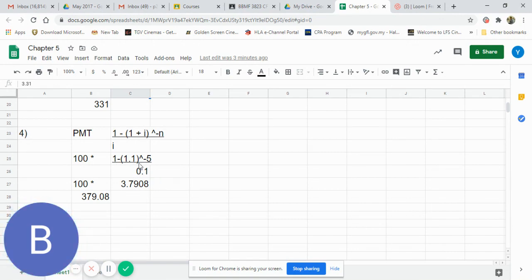So with this computation, you should be getting 3.7908 times 100. Therefore, the value would be 379.08. Okay. Of course, if you use the PV table, you can actually try both methods, right? The PV table and also the formula method. Your answer might usually differ slightly.